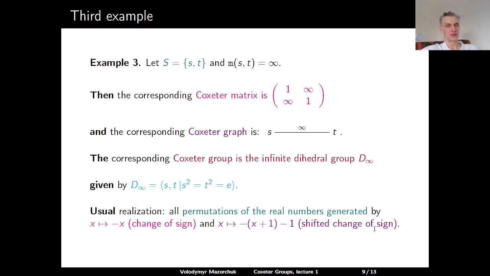So if we open the brackets, we get minus x minus 2. Both these permutations are involutions, so changing sign twice gives the identity map, and the map x goes to minus x minus 2, if we do it twice, we get the identity map. And together they generate exactly a copy of the infinite dihedral group.